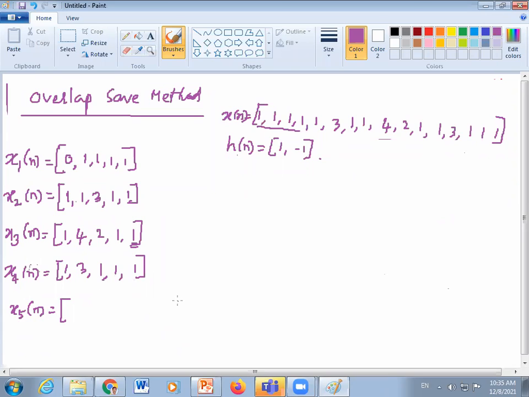Is block formation over or should I proceed further? Hello, will someone else tell me? Hope I am audible to everyone. Yes, sir. So tell me the answer here: is block formation over, or do we still have to do it? Over, sir.